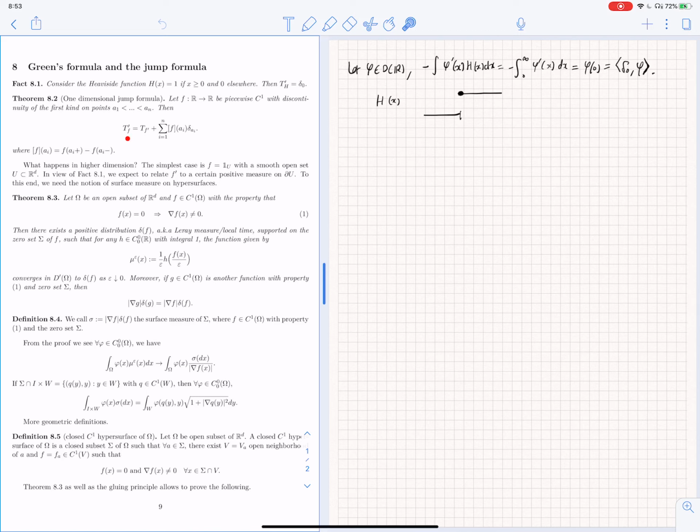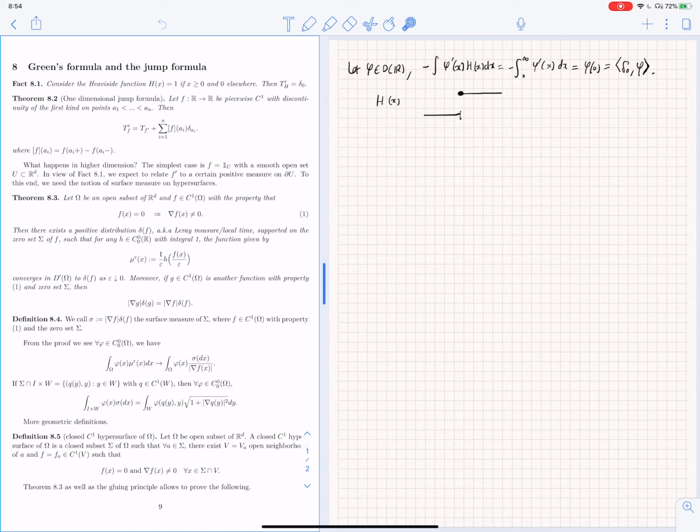And what we have is that the derivative of the distribution T_f is equal to the distribution associated with f', which is only defined on R when we subtract all the points A1, A2, ..., AN. So this quantity is well defined on the open set R with A1, A2, ..., AN removed.